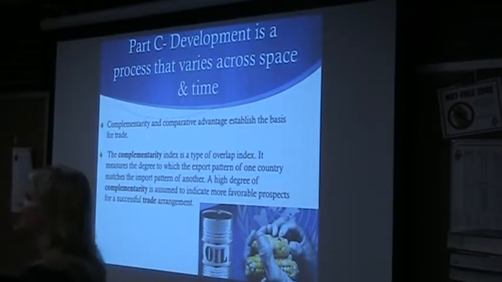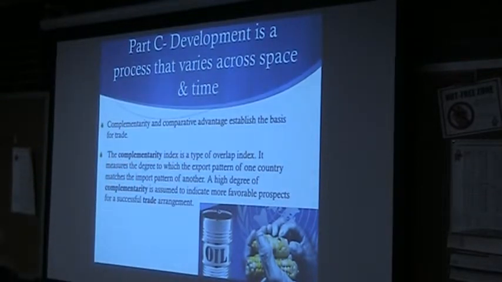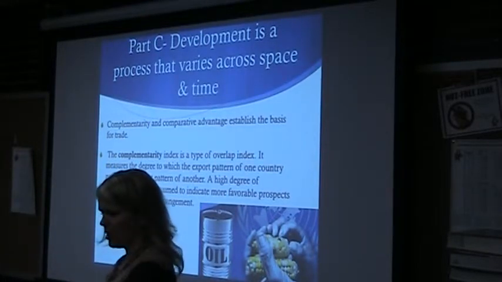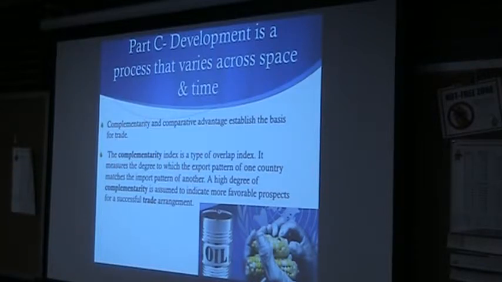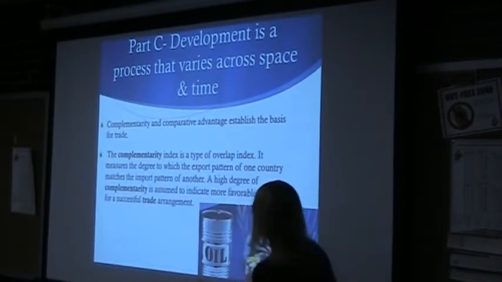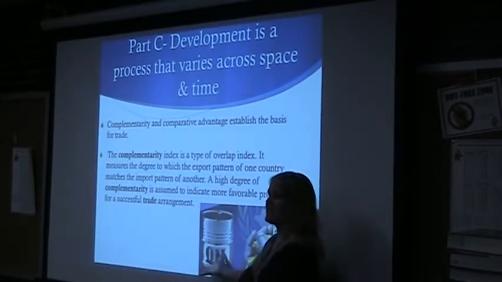And there's two concepts here that are pretty simple, basic economics that I don't know we ever talked about in class. So listen up and you'll get it. For this first bullet point under number 1, it says, complementarity and comparative advantage are the basis for trade. Don't be scared off by big words. All that means is that, for instance, we produce a lot of agricultural products and we need oil.